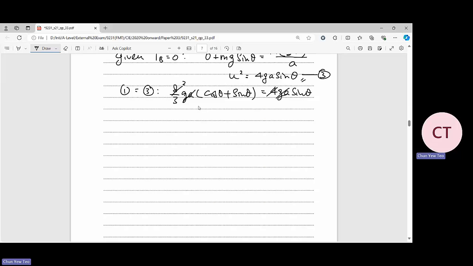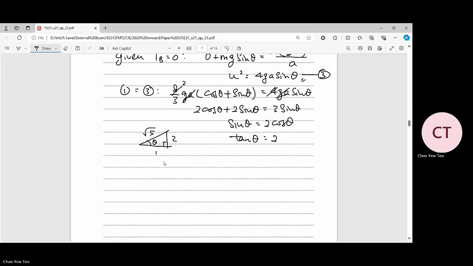So you have 2 cos theta plus 2 sin theta equals to 3 sin theta. Then sin theta equals to 2 cos theta. You get tan theta is 2, so tan theta is 2, from here 1, square root of 5.